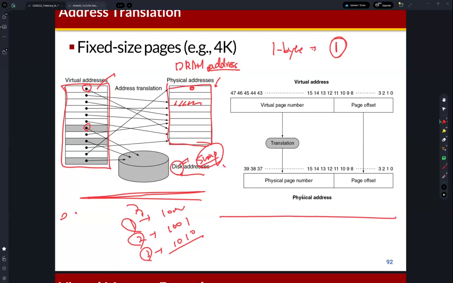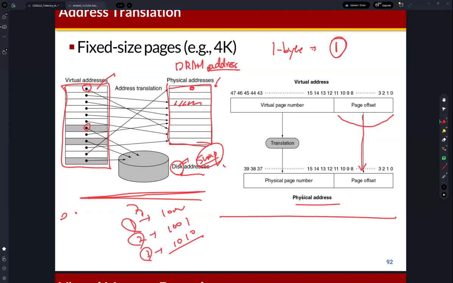So when the virtual address is translated, the LSB, the lower 12 bits, so you can find the bit number 11 to 0 here, right? So the lower 12 bits of the virtual address are not translated. They are just copied to the physical address, right?